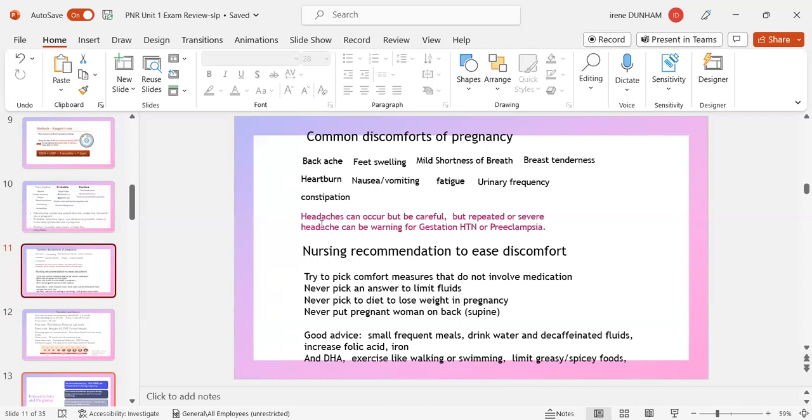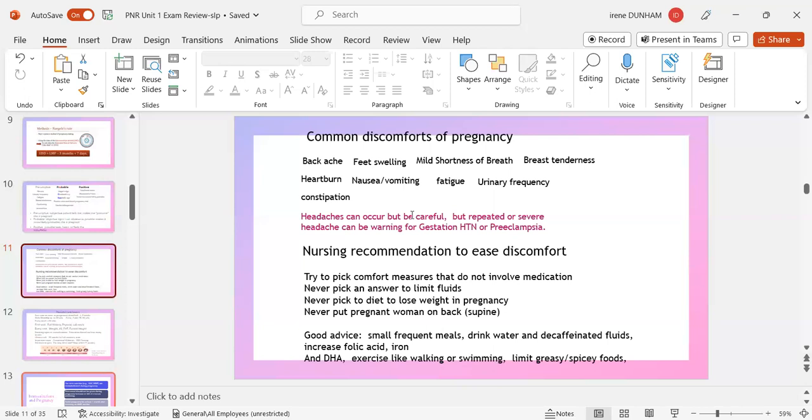Now headaches can occur, but be careful. If they're repeated or severe headaches, they can be a warning for gestational hypertension or preeclampsia. That's where you're taking her blood pressure and you want to see if it's escalating, increasing. You use that 30-15 rule and we have to make sure.